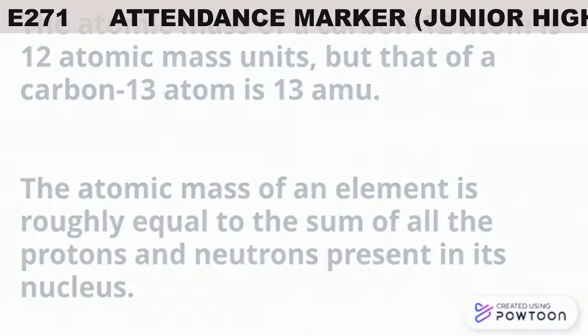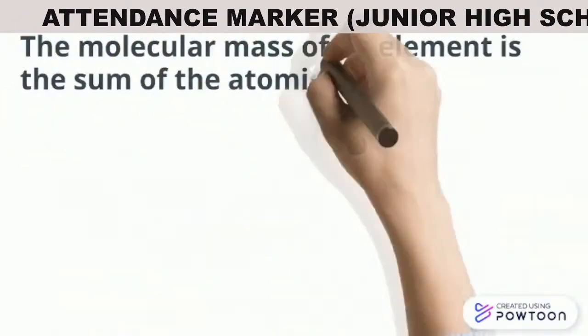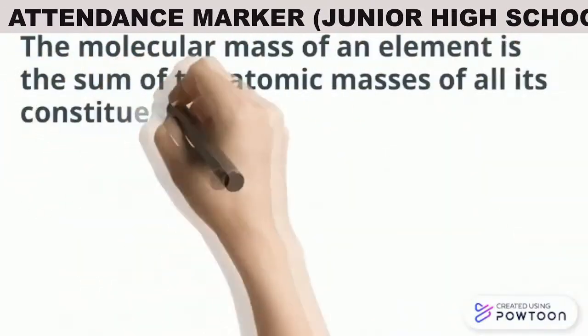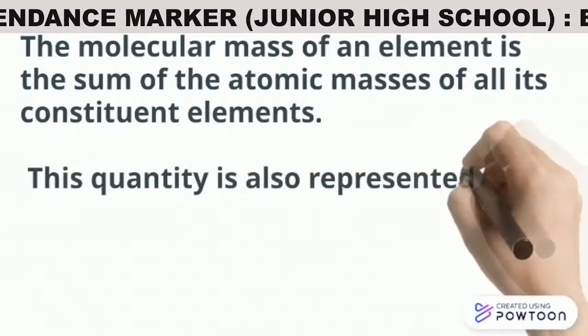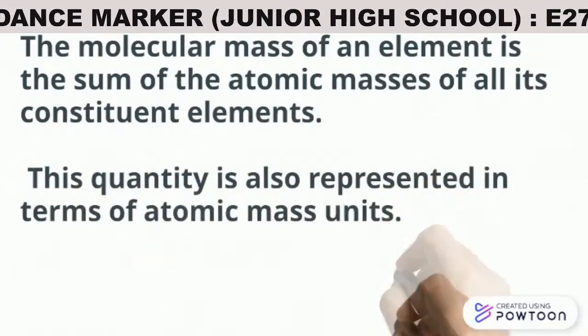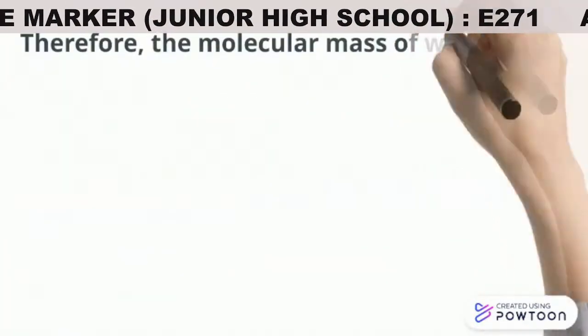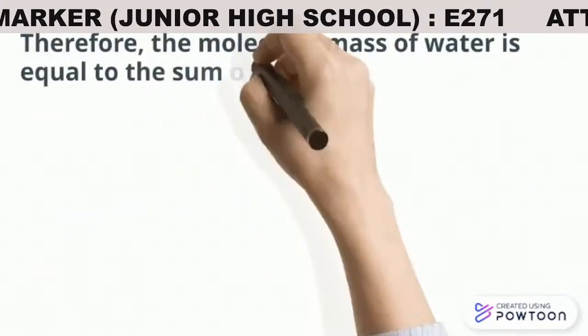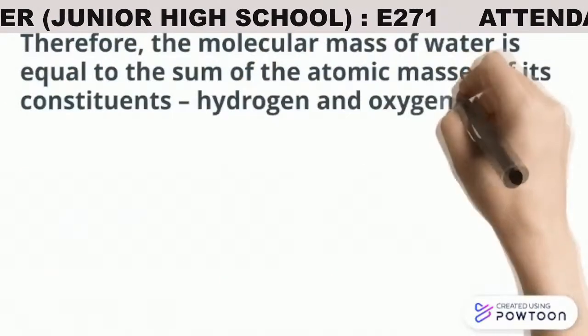The molecular mass of a compound is the sum of the atomic masses of all its constituent elements. This quantity is also represented in terms of atomic mass units. Therefore, the molecular mass of water is equal to the sum of the atomic masses of its constituents, hydrogen and oxygen.